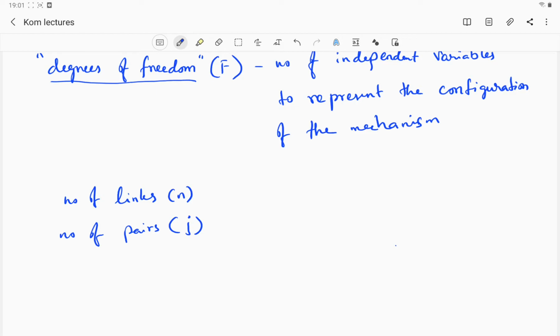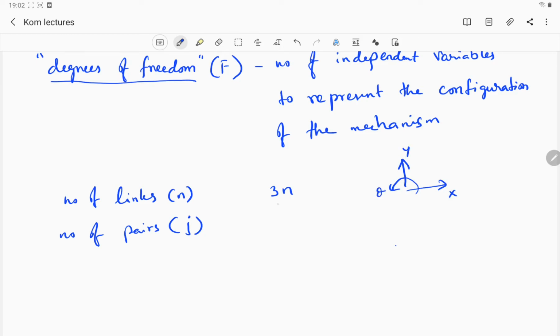So in that case, if we have n links, then it will have 3n degrees of freedom, because each link can move either in the x direction or in the y direction, or it can have a rotation.